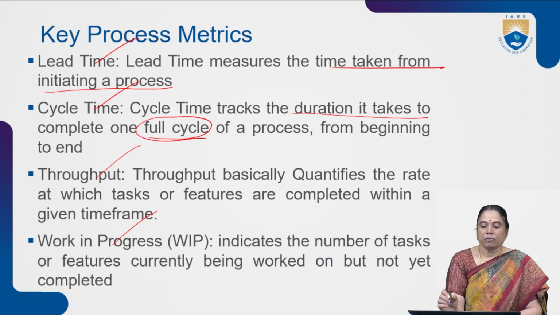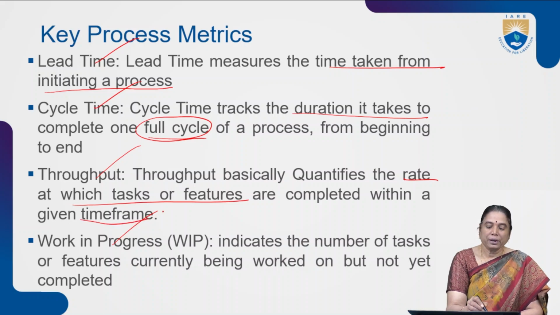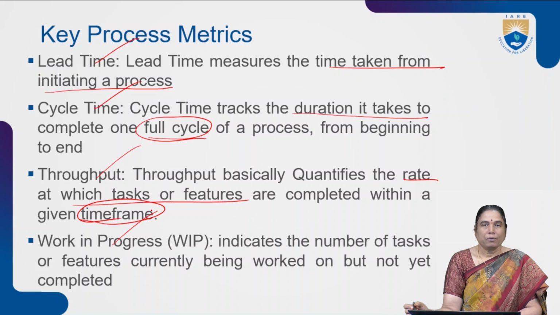Throughput quantifies the rate at which tasks or features are completed within a given time frame. Work in progress, WIP, indicates the number of tasks or features currently being worked on but not yet completed.